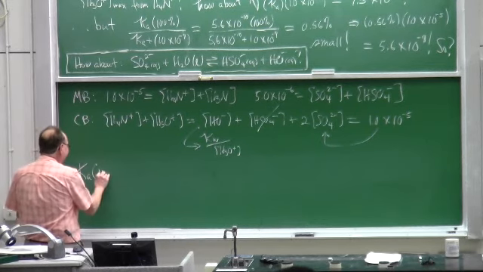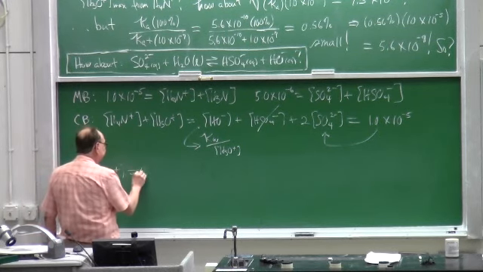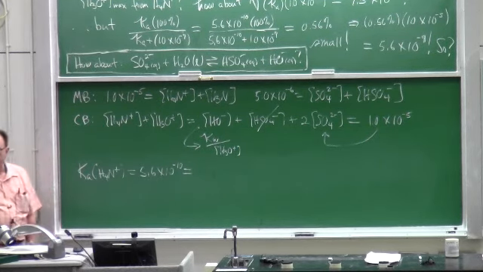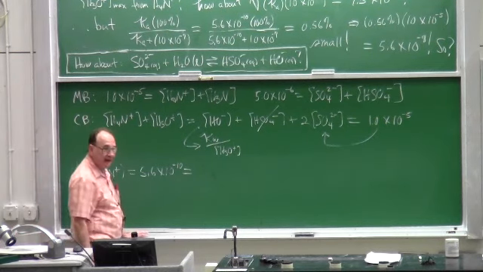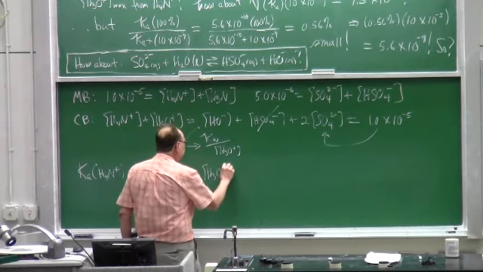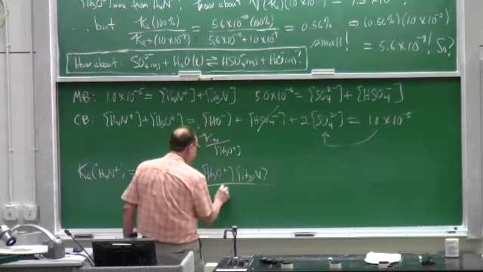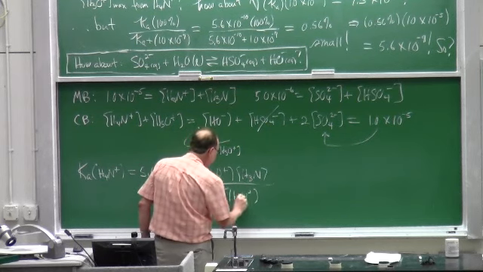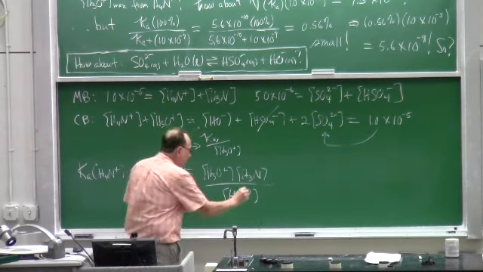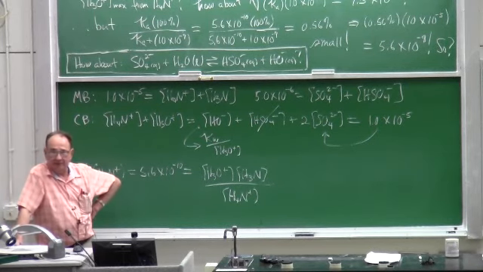So now, I'm going to write Ka for ammonium ion, because that's our main acid in the system beside water, which of course is equal to this. You know, this is way back to the start of chapter 18.